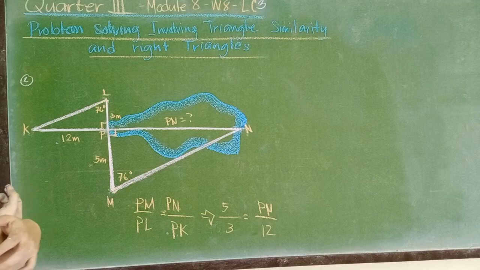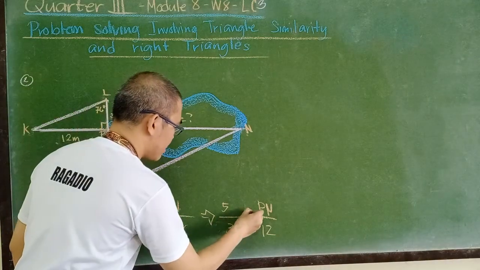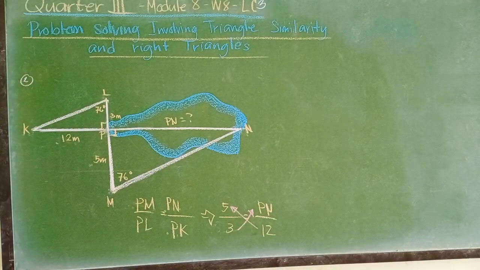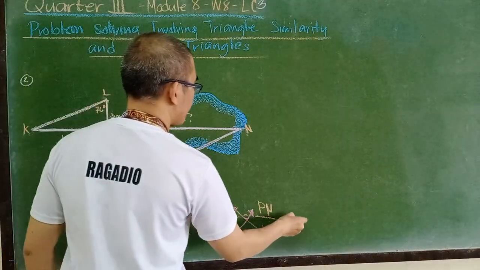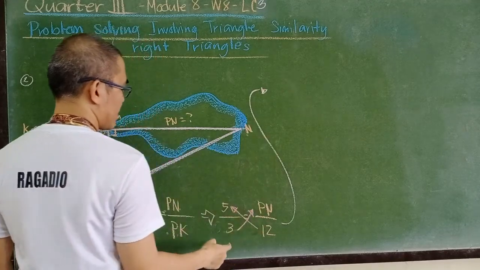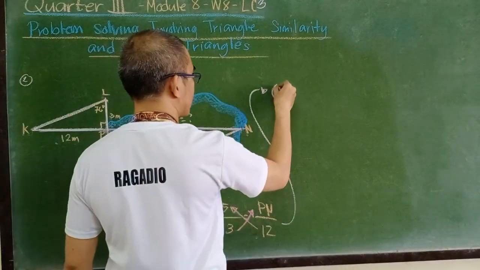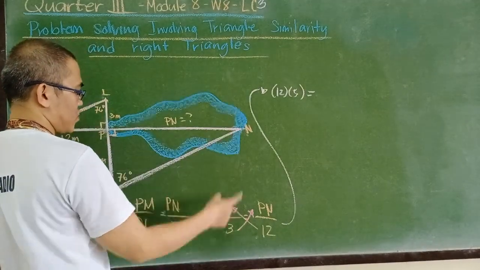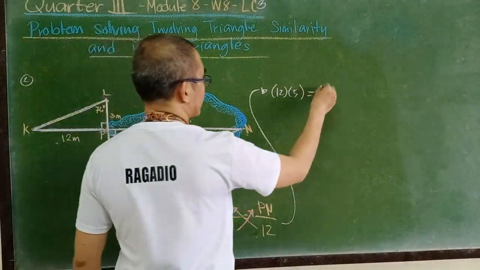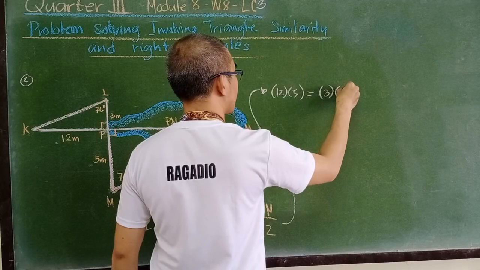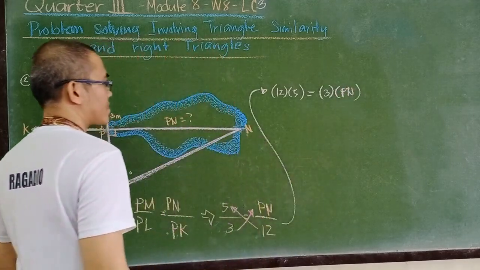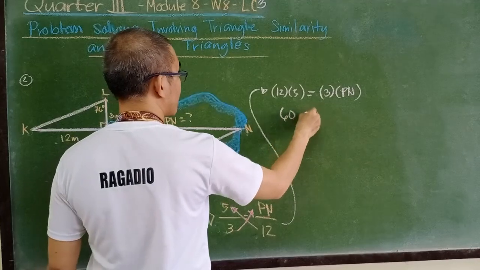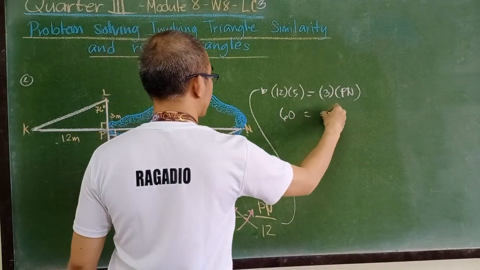So next, now we will cross multiply. So now we have, 12 times 5 is equal to 3 times Pn. So 12 times 5, that is 60. 3 times Pn, that is 3 Pn.